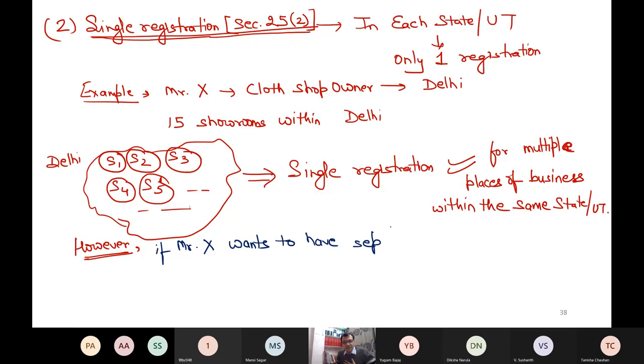As a person who is having multiple businesses within the same state or UT, it's my choice. I can have one registration for all the offices, or if I want, I can have separate registration for these showrooms, for multiple places of business within the same state.